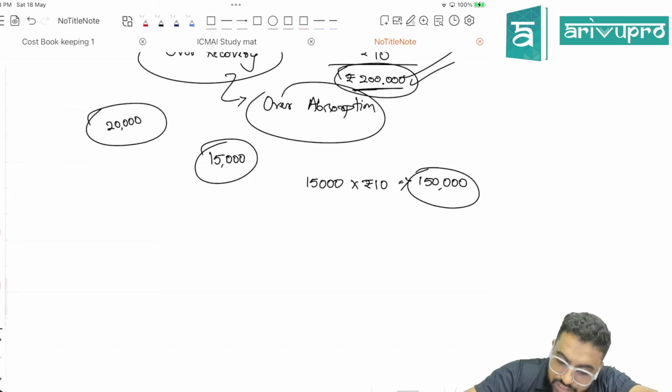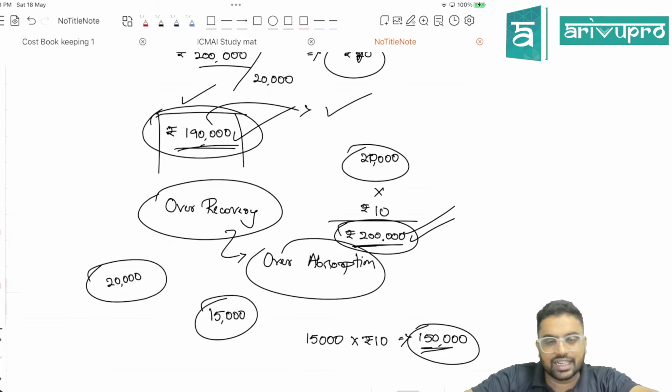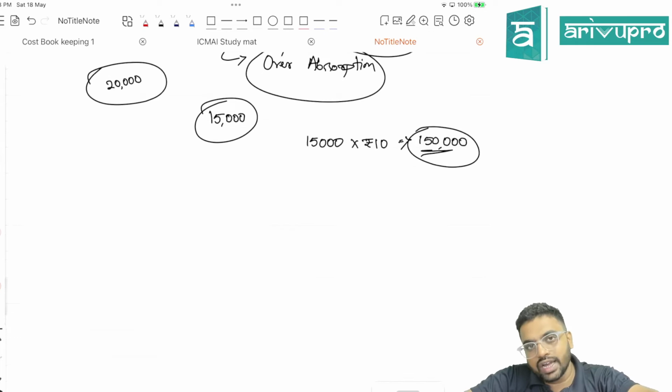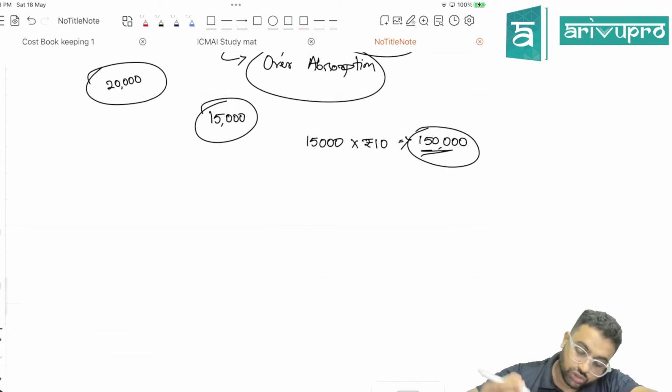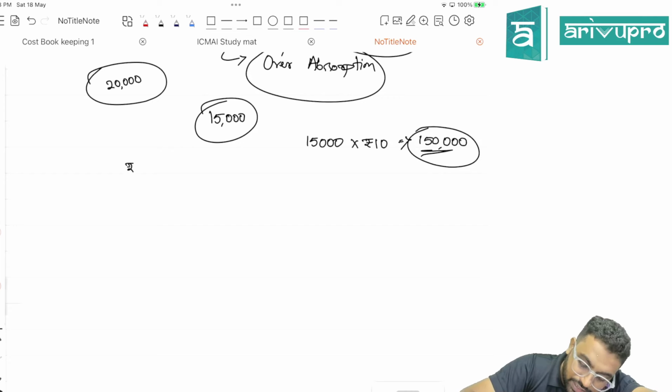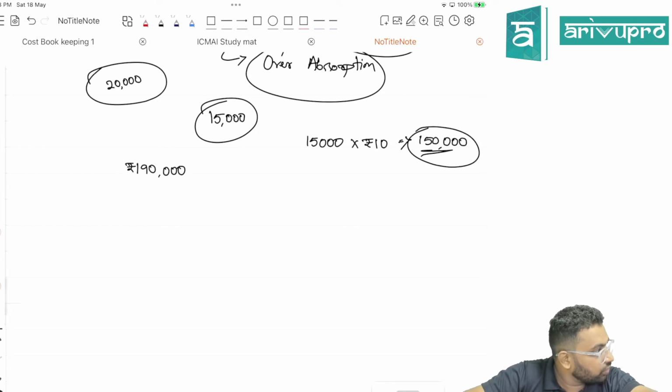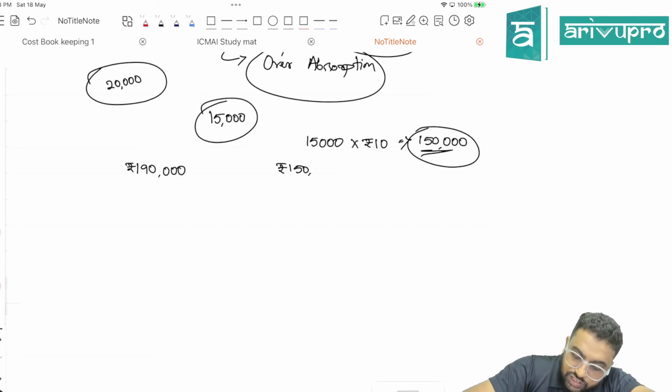But did I incur expenditure more than this? The answer is yes. How much did I actually incur? Let's take it as rent only. Can you reduce the rent saying that I produced less? The answer is no. So I ended up paying 190,000, but as per cost records, I took only 150,000.